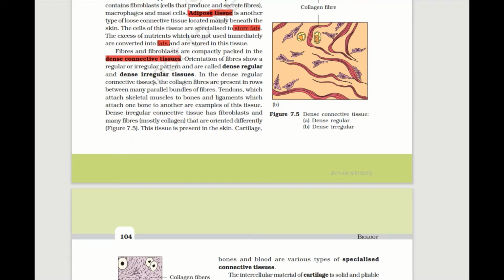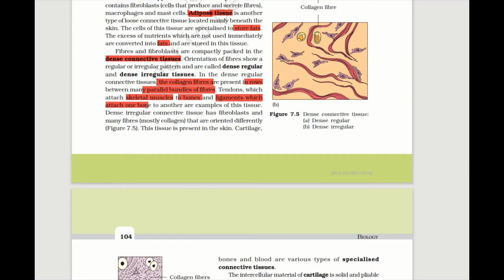In dense regular connective tissue, the collagen fibers are present in rows between many parallel bundles of fibers, so they are systematically arranged in rows. Tendons, which attach skeletal muscle to bone, and ligaments, which attach bone to bone, are examples of dense regular connective tissue.